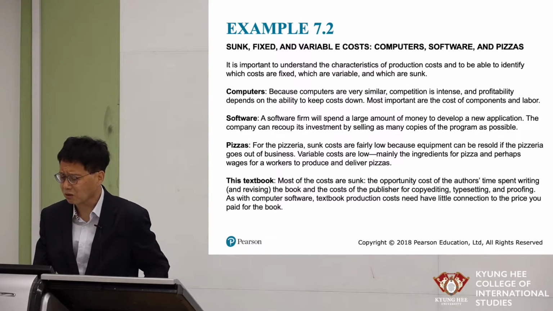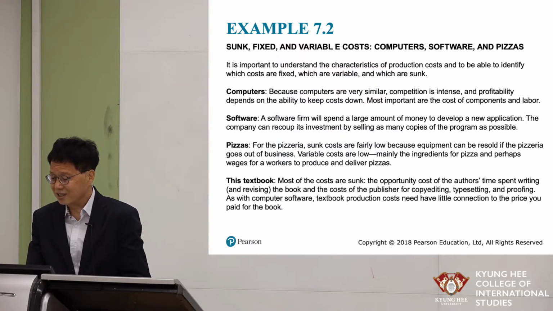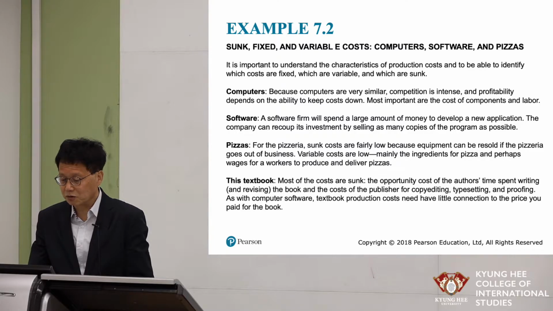Variable costs are very low, mainly the ingredients of pizza and perhaps wages for workers to produce and deliver pizzas. So we know that pizza is an industry featured by capital. Capital is really important in the pizza business.